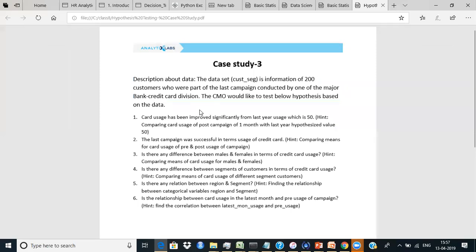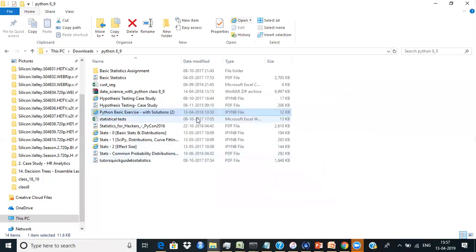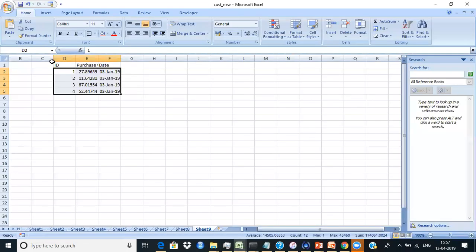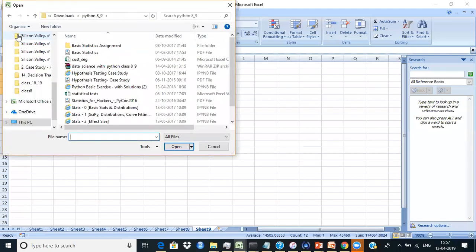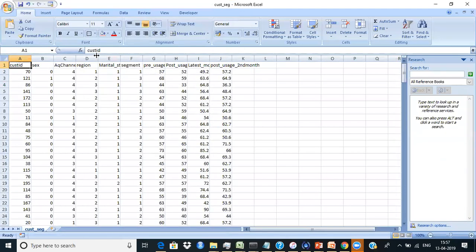Now, let's look at the data that we have. So this is the data that we have. The data is from a credit card campaign which was done by a particular bank, right? Now, all of you understand what I mean by a campaign? Campaign means they'll call you or they'll do some ad campaign or whatever, right?